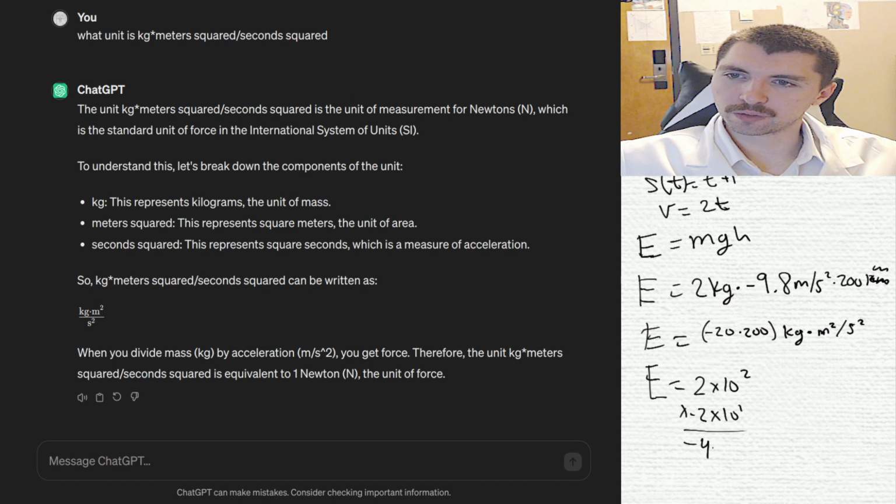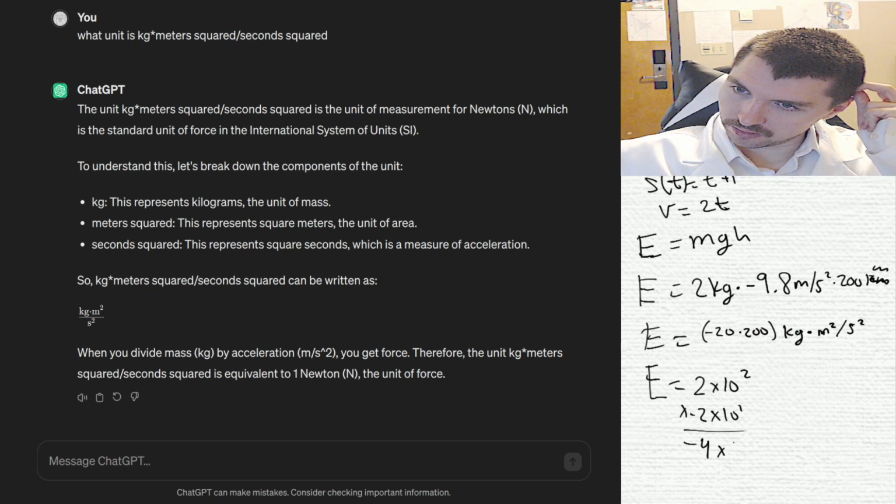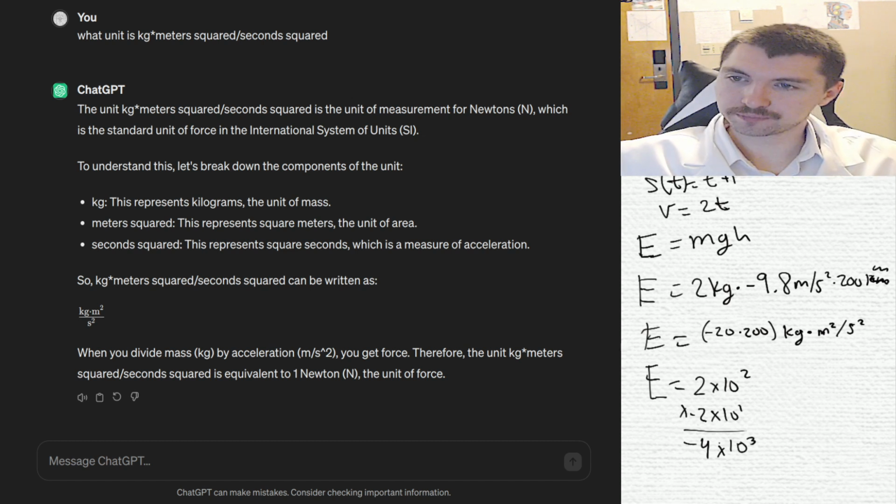This will be -4 times 10 to the 3 newtons.